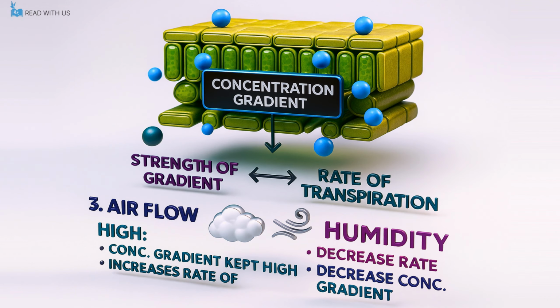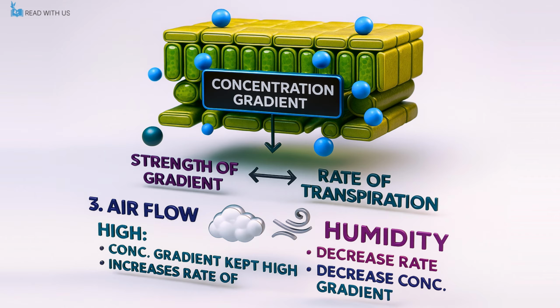The effects of airflow and humidity also play a key role. Inside the leaf, the concentration of water vapor is always high because water is constantly being transported from the roots and evaporated. In contrast, the outside environment usually has a lower concentration of water vapor. This difference in concentrations creates a gradient, and water vapor diffuses out of the leaf from an area of higher concentration to one of lower concentration.